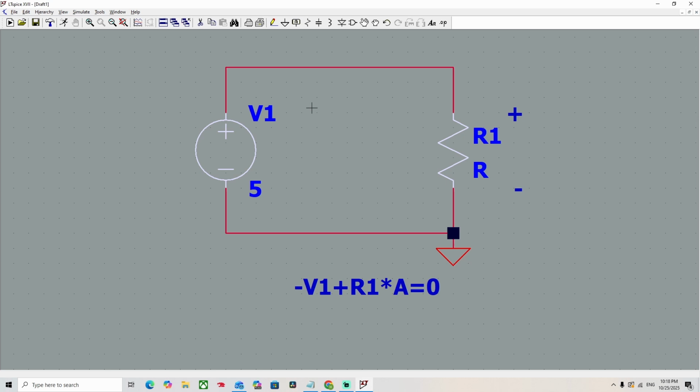So what many people think is, well, that must mean that every single component must have some kind of polarity.